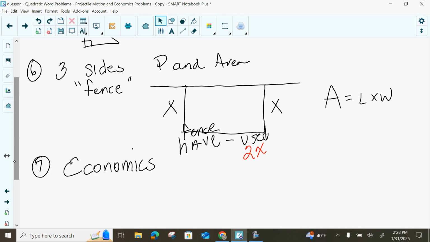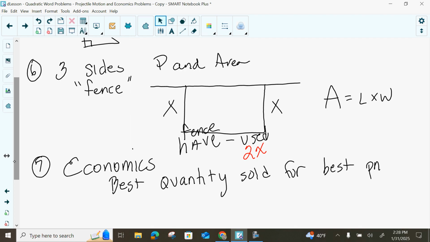It's always going to be about the best quantity sold for best profit or revenue or something like that. So the economics one is going to be best quantity for best profit.